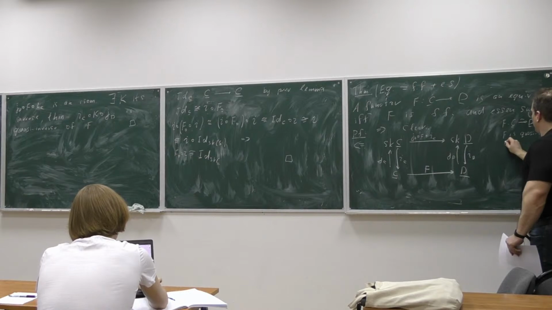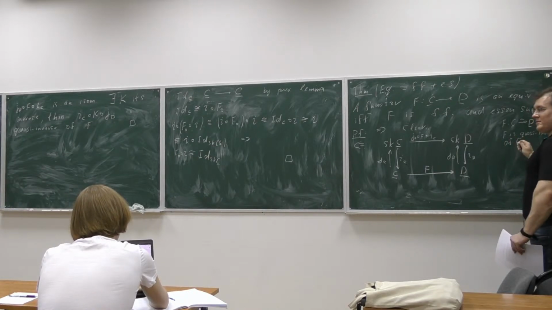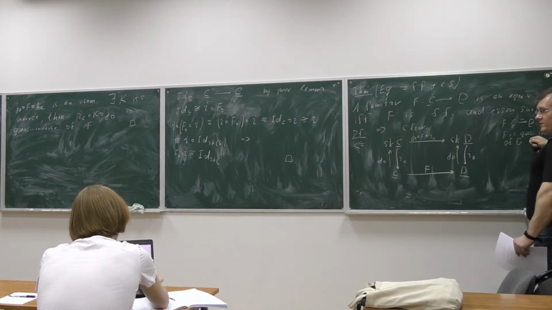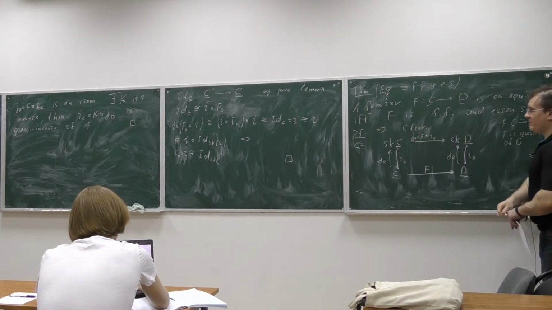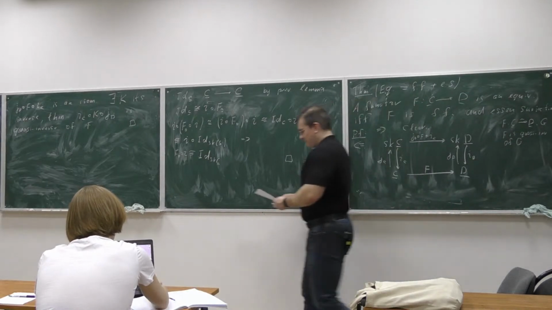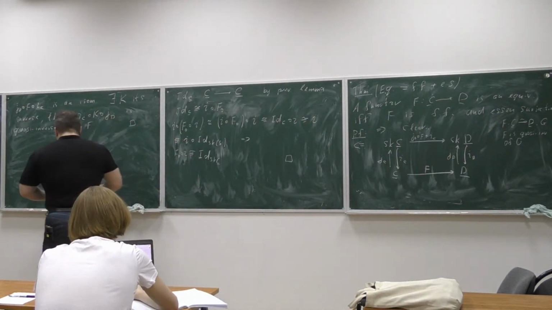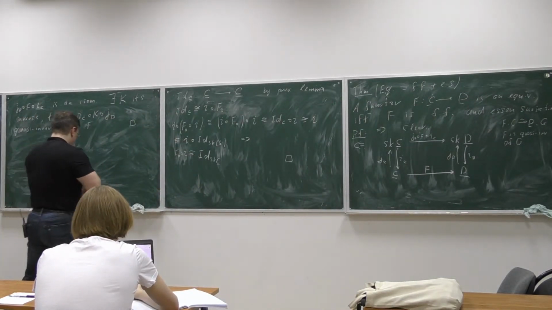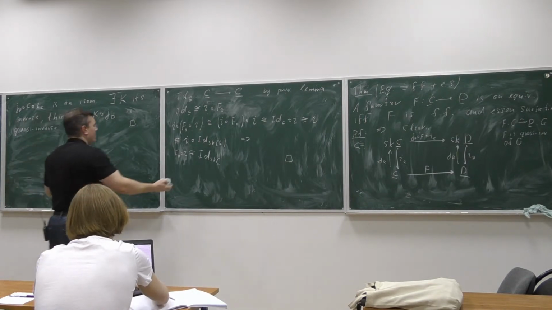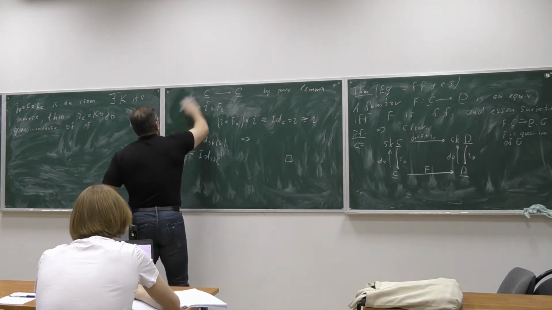Since it's not an isomorphism, it's not really an inverse, so we call this quasi-inverse for an equivalence of categories. Okay, so let's postpone some examples of equivalences.